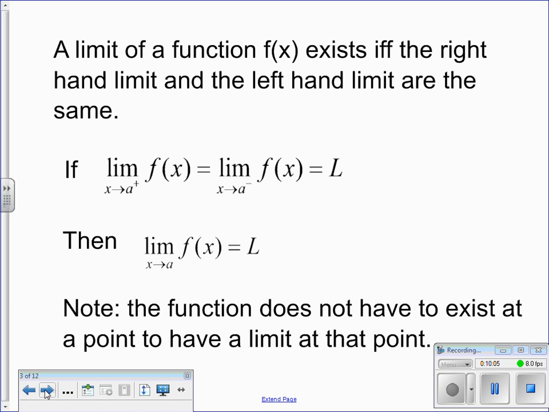It's what it approaches. It is not its specific value. It is entirely possible that your function does not exist at the place you have a limit. Okay, that's an important thing to understand. It doesn't actually have to exist at that point. Everybody have this down?